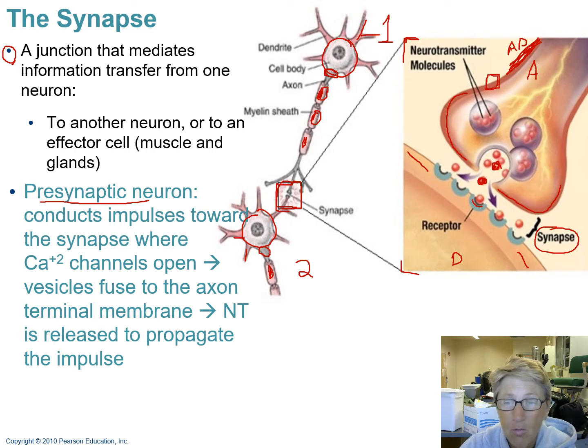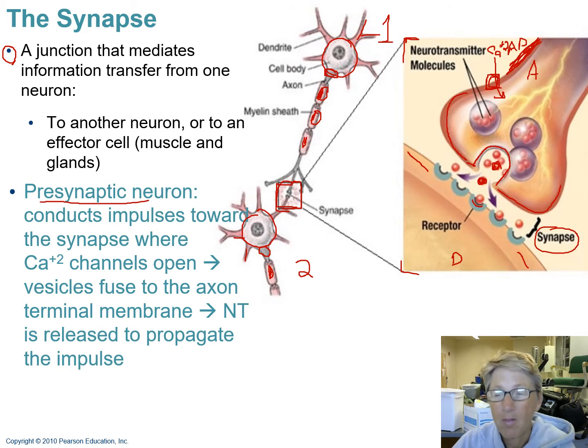And when those voltage-gated calcium channels sensed a change in membrane potential, they opened, and calcium rushed into the axon terminal, and then a whole bunch of cool biochemistry happened, and the neurotransmitters in the vesicle fused to the axon terminal membrane here. It's the fusion event, and the neurotransmitter was released.